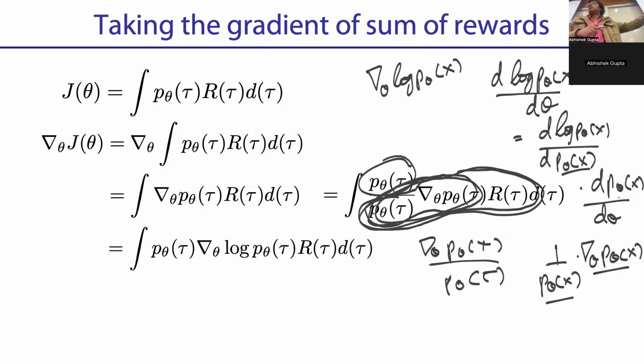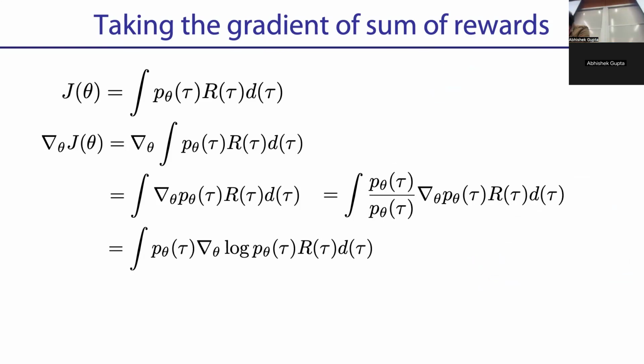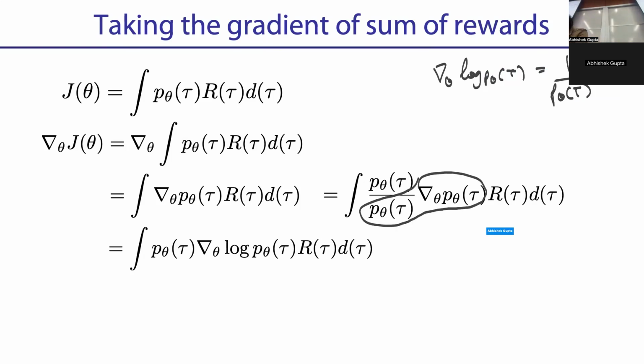So all that we're saying is chain rule says grad theta log p theta tau is equal to 1 over p theta tau times grad theta p theta tau, just from chain rule. And when we look at this grouping, this can just directly be written as grad theta log p theta tau. So just chain rule.